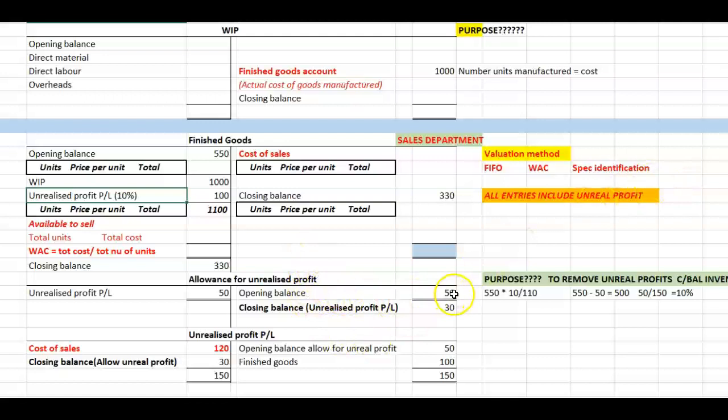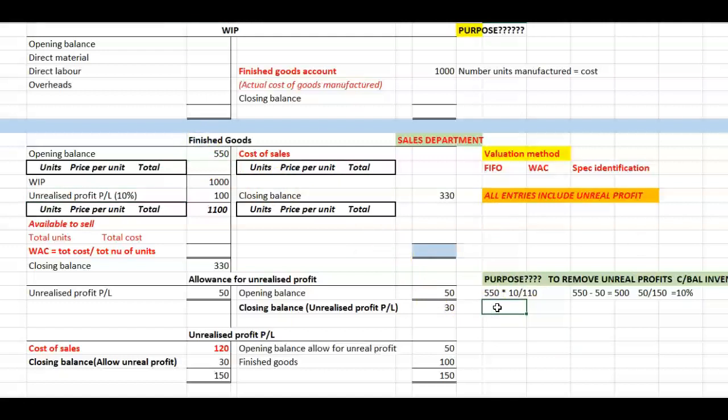I can also tell you that the opening balance on my allowance for unrealized profit account was 50. And I give you the 10%, but I do not give you the opening balance of my finished goods account. But you could work it out, can't you? Because if you know that 50 equals 110%, then you can work back to 550.